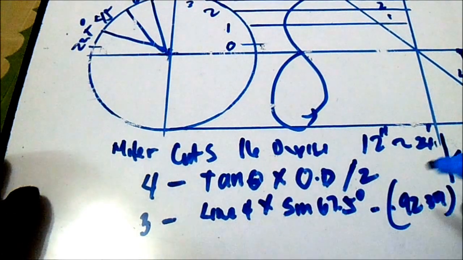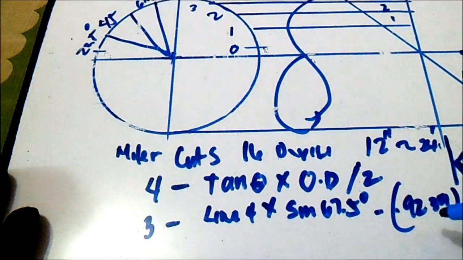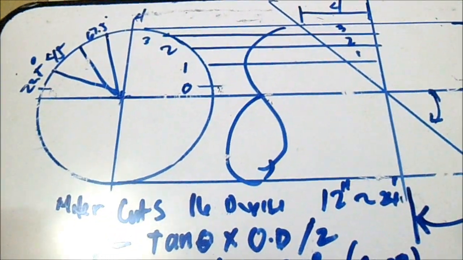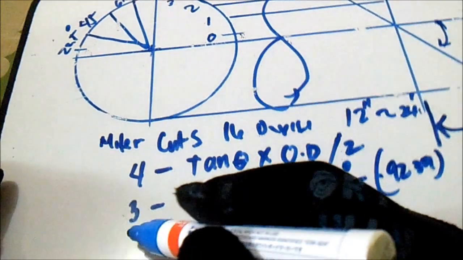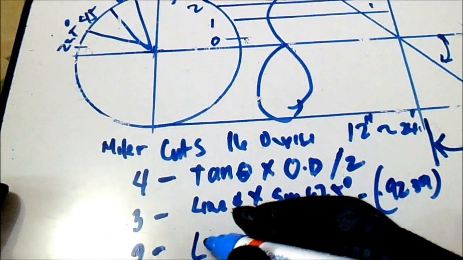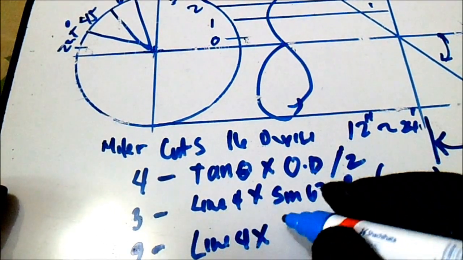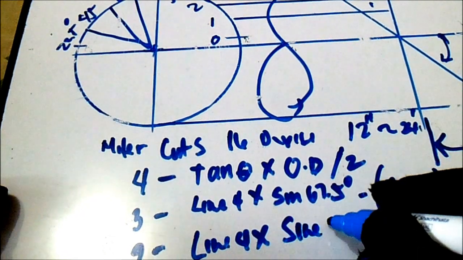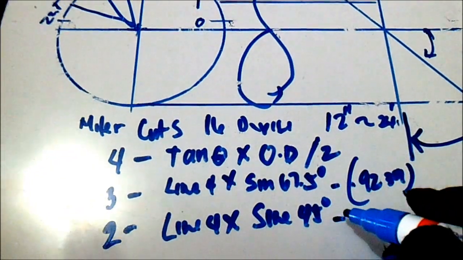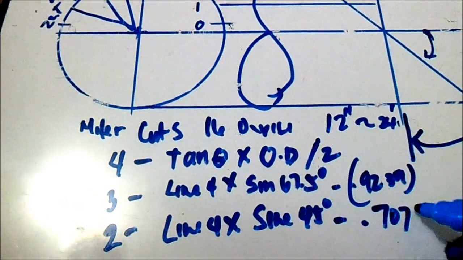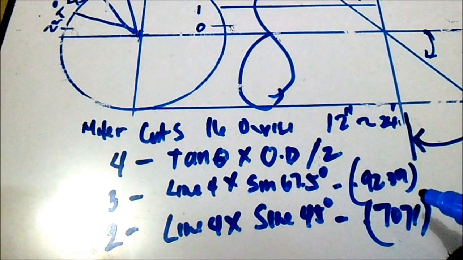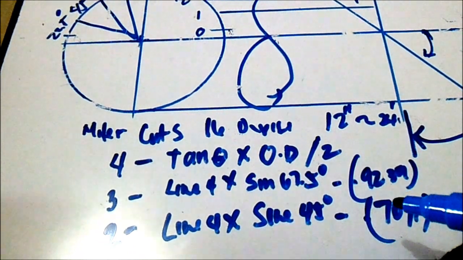The sine of 67.5 degrees is 0.9239. To get dimension number 2, line number 4 multiplied by the sine of 45 degrees. The sine of 45 degrees is 0.7071.